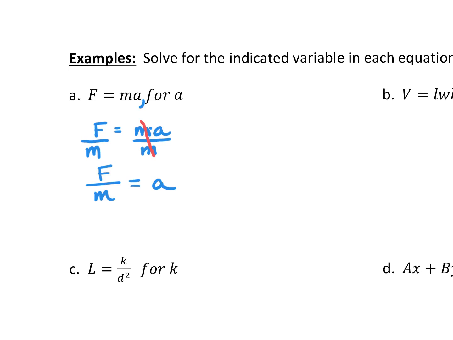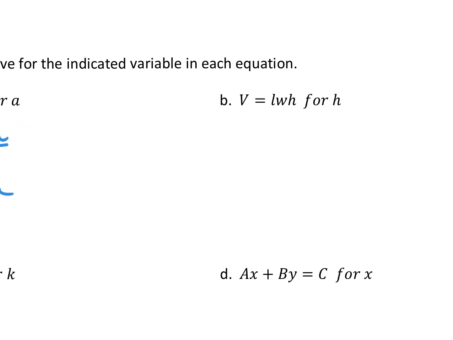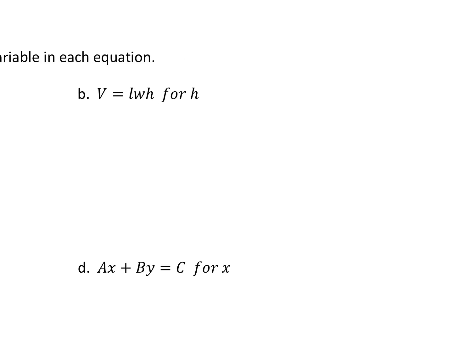All right, let's go over to the next one, example B. Example B, we have V equals L times W times H. And again, we want to solve for H. So for this one, in order to get H by itself, we want to get rid of the L and the W. And so here, since both of them are being multiplied, we want to divide by both.